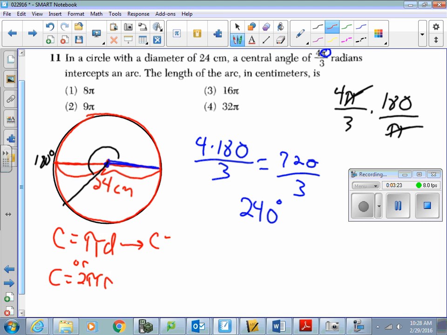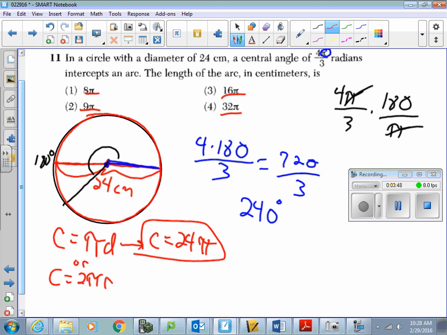And that's going to be C is equal to 24 pi. So your circumference is really 24 pi. And if you put that in the calculator, it doesn't really matter what it is, but keep it in terms of pi. You notice all of our answers are in terms of pi. So keep the circumference in terms of pi.